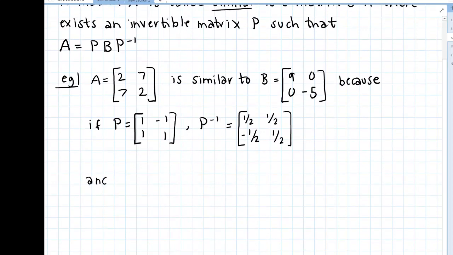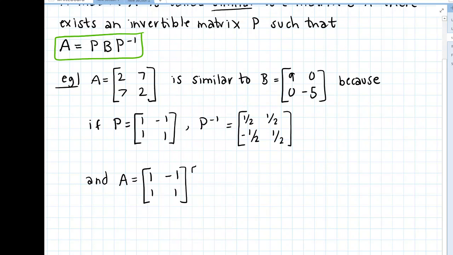I'm not going to multiply this out to verify it, but you're welcome to check yourself. So what needs to happen in order for them to be similar? It needs to be like this. If you write that matrix P, 1, negative 1, 1, 1, and that matrix B, 9, 0, 0, negative 5, and this inverse matrix, and multiply these three matrices together, you will get 2, 7, 7, 2, which is what we started with.